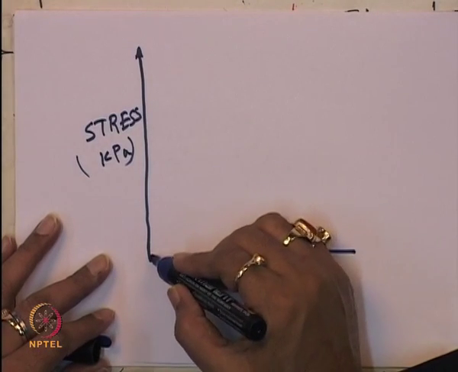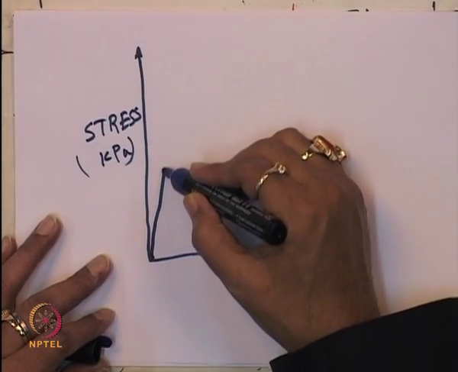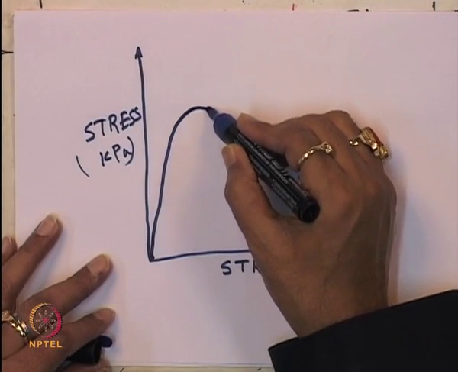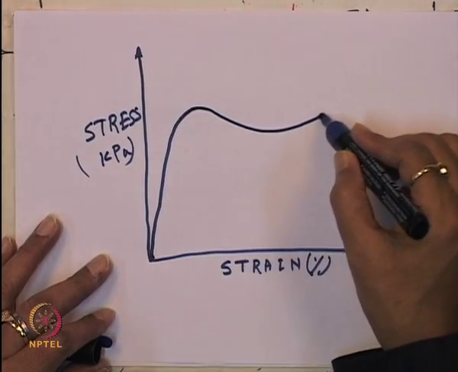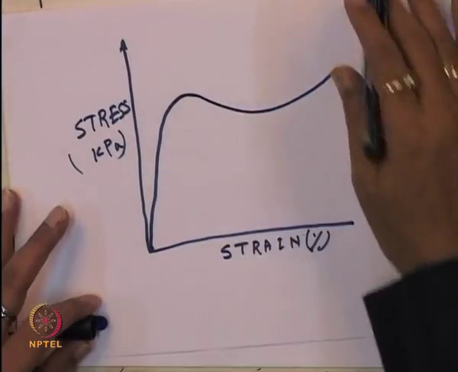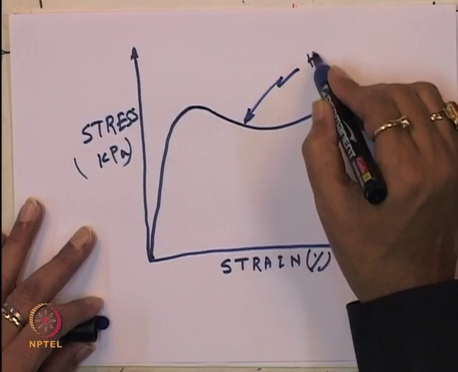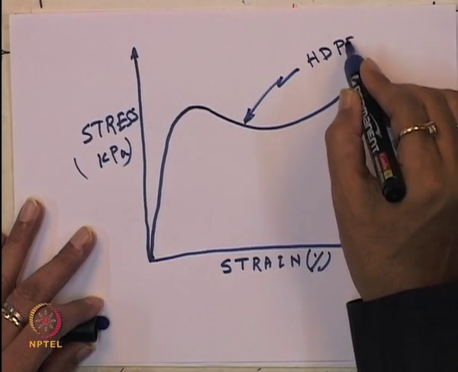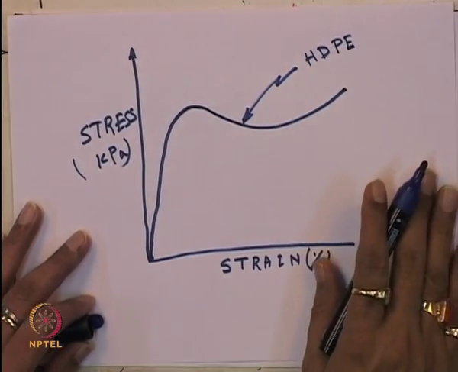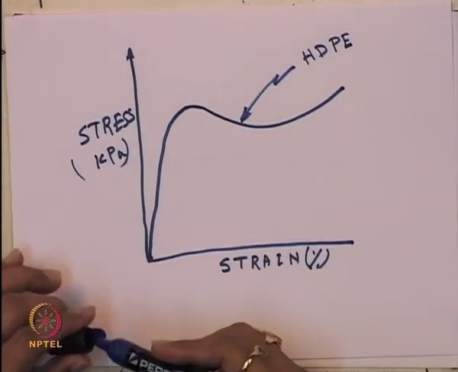So if it is a high density polyethylene, this curve goes like this and then goes like this, then it is increasing like this. So this is the high density polyethylene, a kind of ductile behavior.